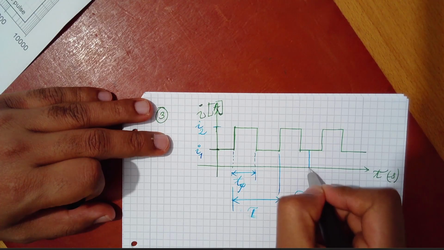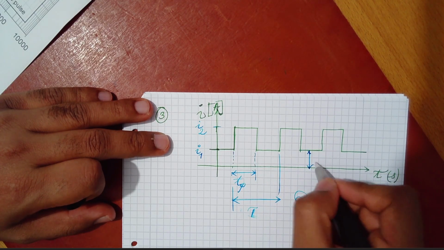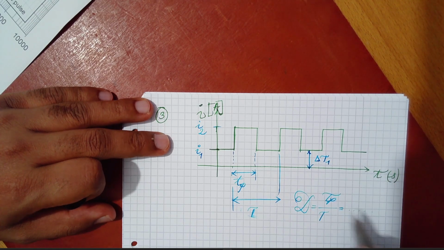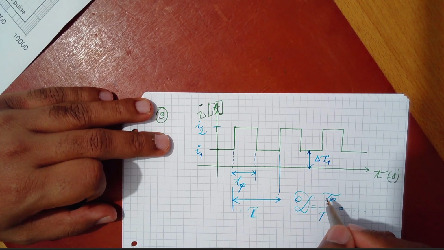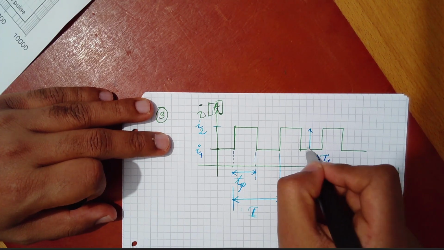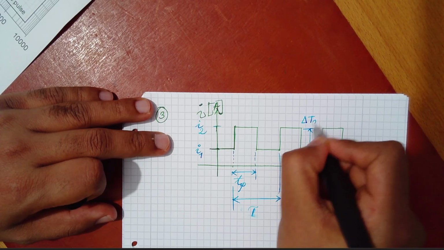One would be at this shift level, so to speak, and let's represent this one with delta T1. The second temperature rise would be during the transient period, and let's represent this one by delta T2.